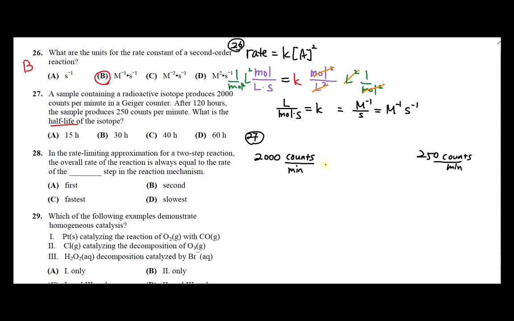Either it's multiplied by 2 or divided by 2 as each half-life proceeds. So 2000 to 1000 counts per minute, then 500, and then we end up at 250. That tells us we have 3 half-lives: first half-life above the first arrow, second half-life, and third half-life.